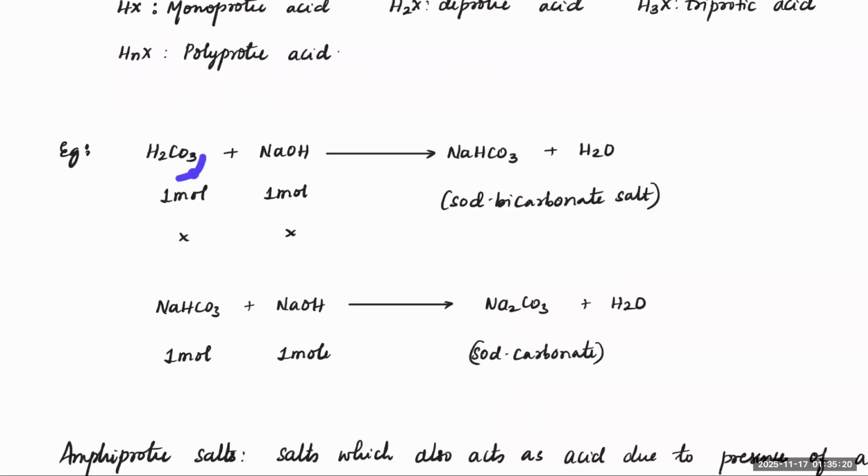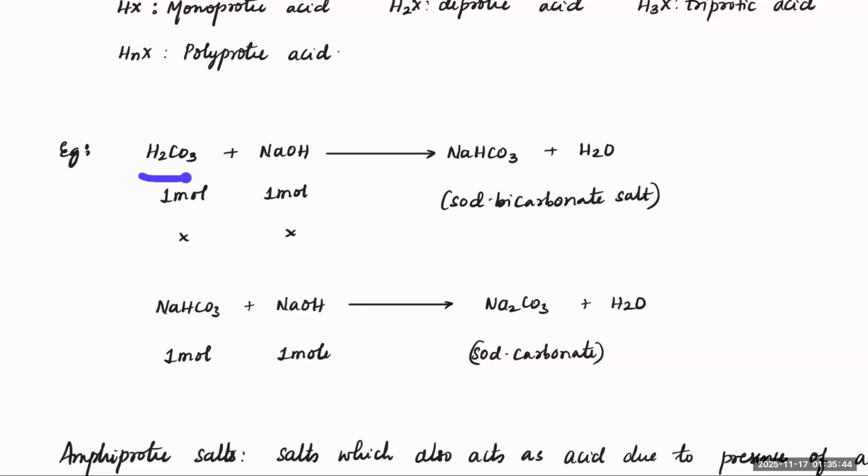For example, if I take H2CO3, which is carbonic acid, and I take only 1 mole of NaOH, it won't be able to neutralize the complete H2CO3. Instead, first H2CO3 will convert into NaHCO3 plus H2O.